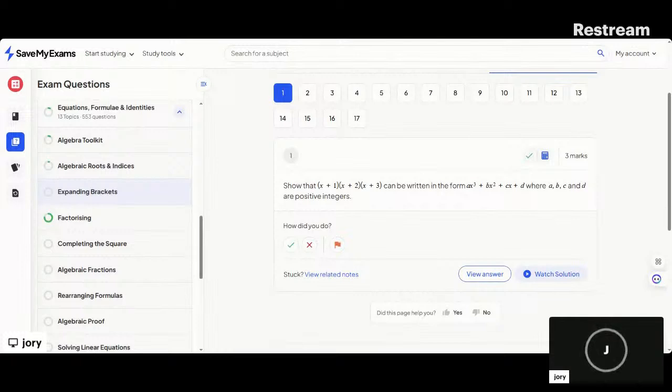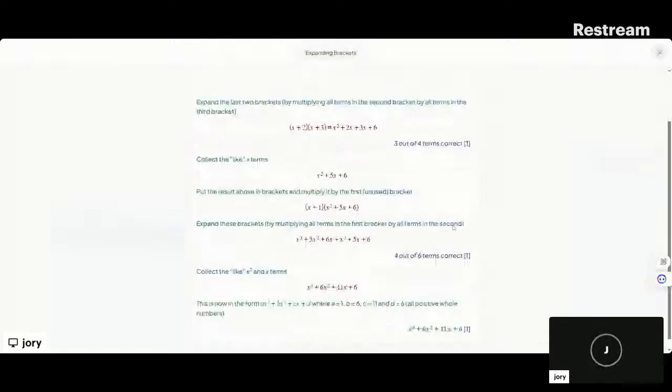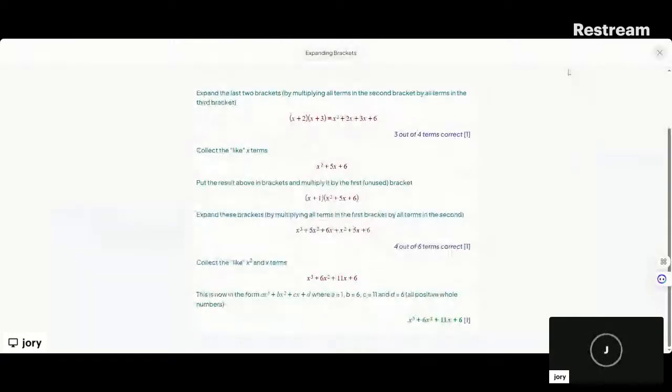Simplify everything again, so it's x cubed plus 6x squared plus 11x plus 6. The answer: 6, 11, 6. Okay, we got that.